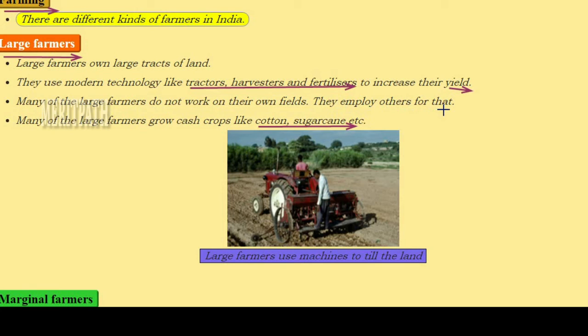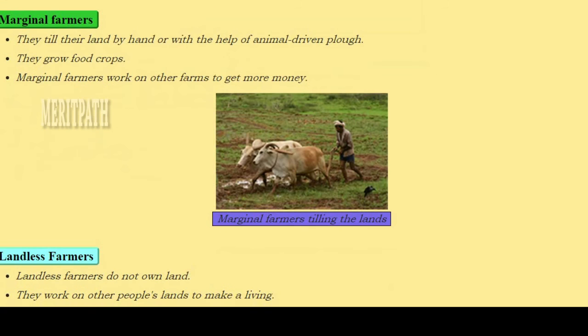That is the reason they do not work on their own fields. They employ others to work on their fields. They are like the owners, and they employ other farmers to work on their fields. These farmers grow many cash crops. Cash crops means cotton and sugarcane. So now you have understood about the large farmers.